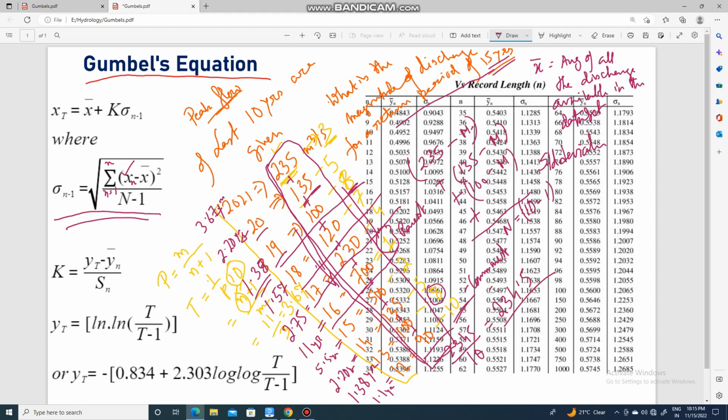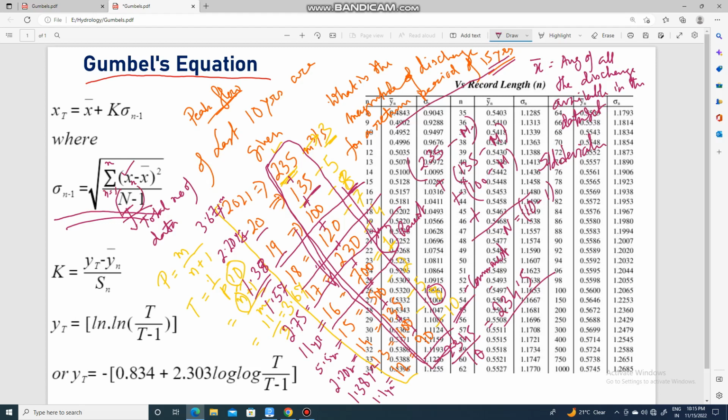Now deduct this mean from each of the discharges and add the result. When all the discharges are added in this manner, then you divide the result by n minus 1, where n is the total number of data available in the data set.